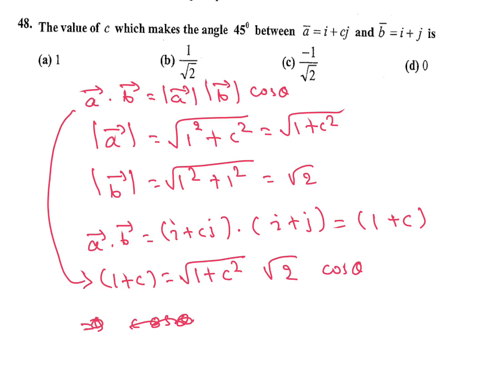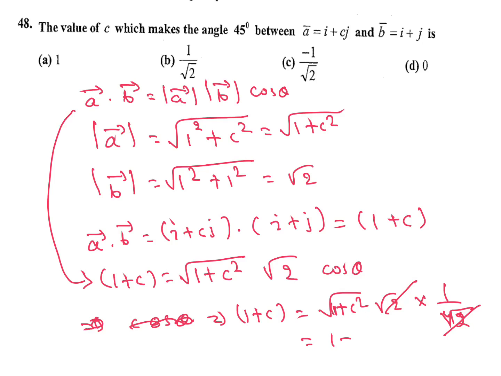Here we can write 1 plus C equal to root of 1 plus C square into root 2, and cos 45 degree is 1 by root 2. 1 by root 2 cancel. 1 plus C equal to root of 1 plus C square.